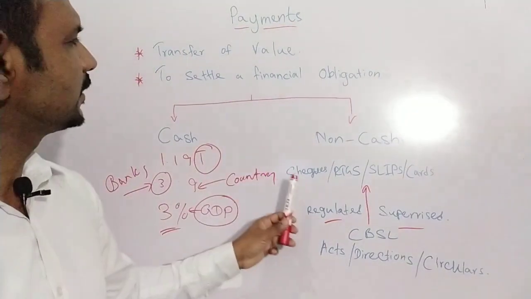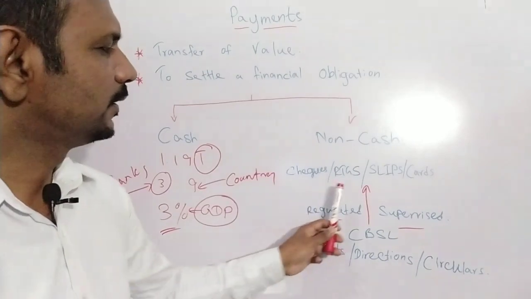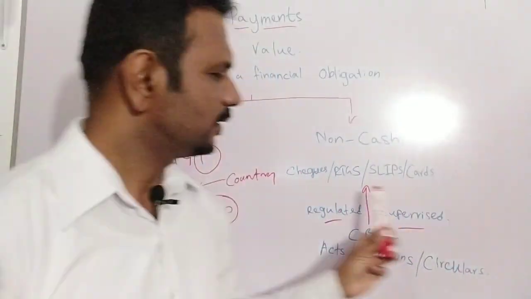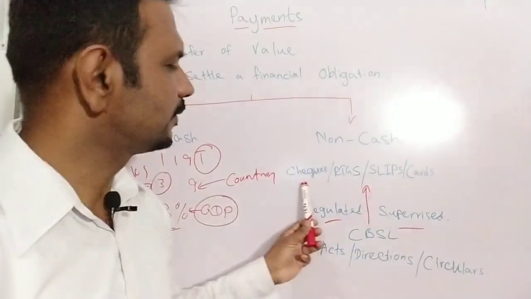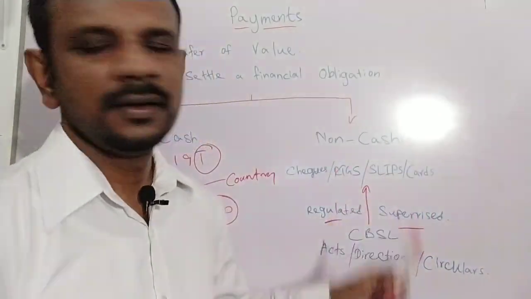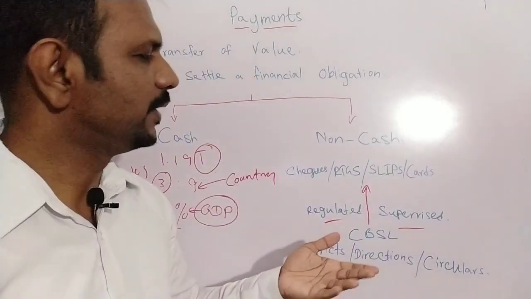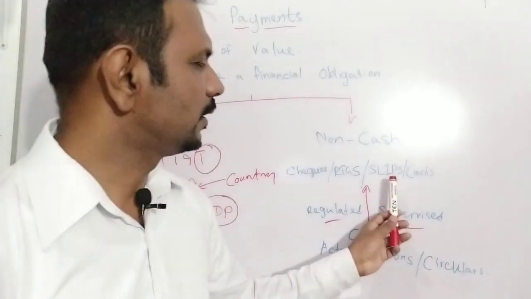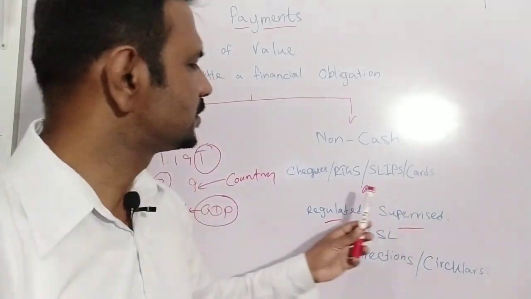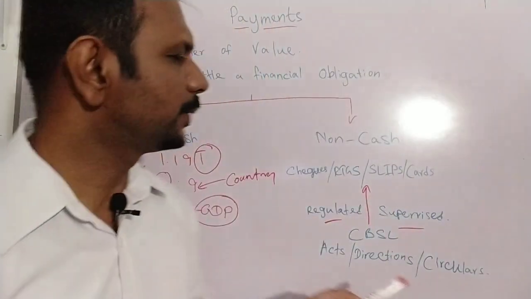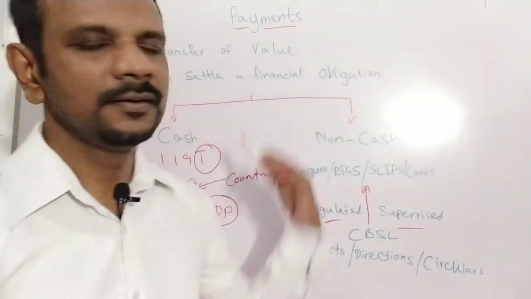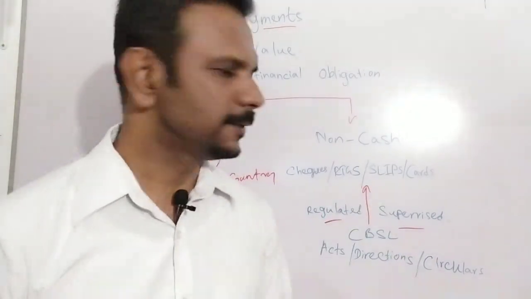If you take, guys, checks, RTGS, slips, cards, those are different in how they behave in the market. If you take checks, cards and some other payment instruments, they will have different legs in their transaction cycle.